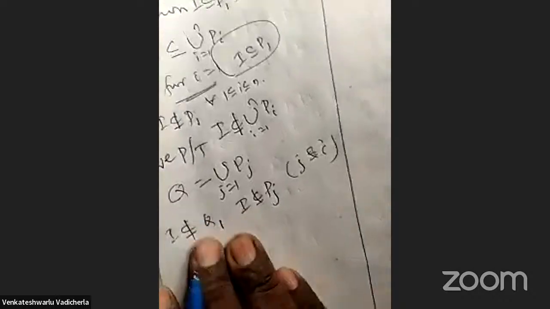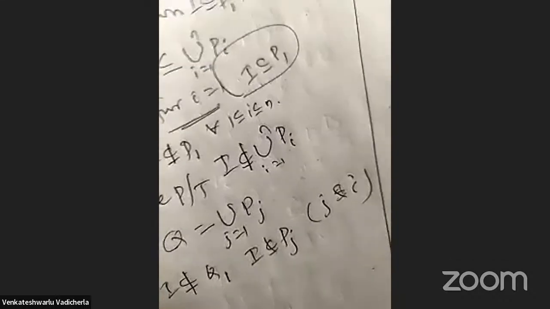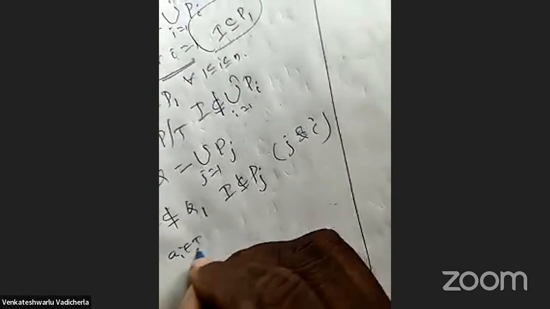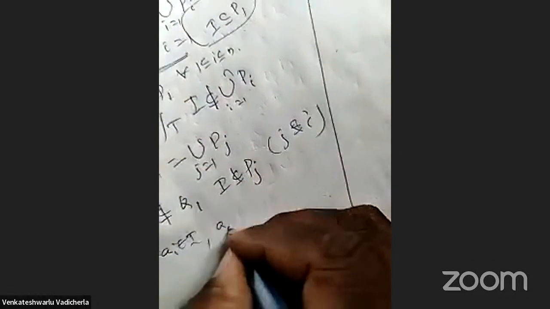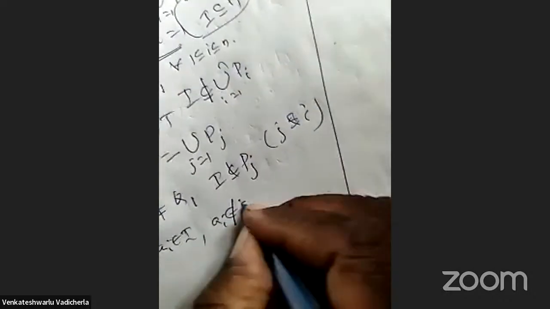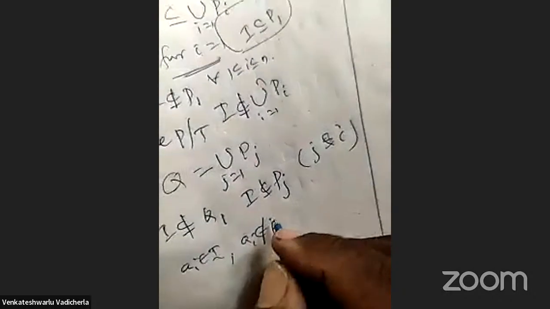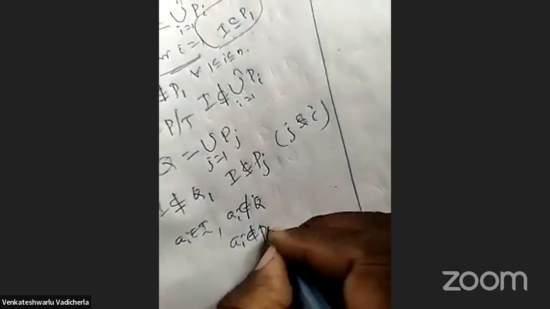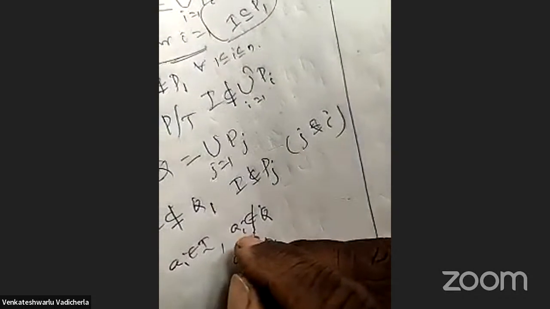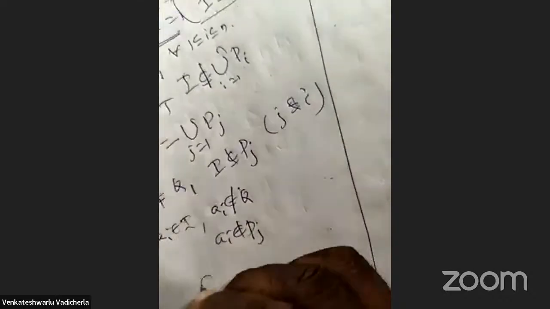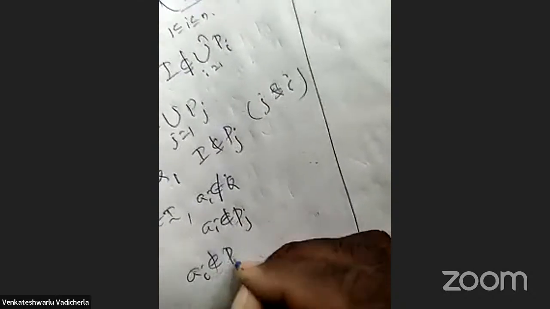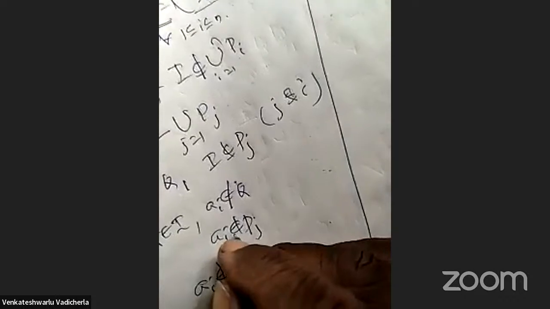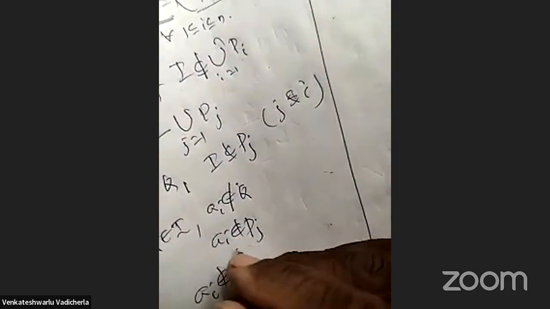For any i, choose ai an element of I, where ai belongs to I and ai does not belong to Q. Since ai does not belong to the union of Pj, ai does not belong to Pi.